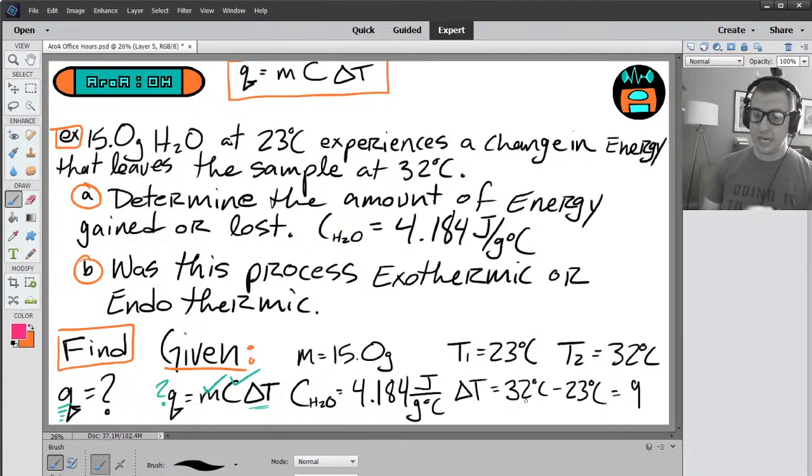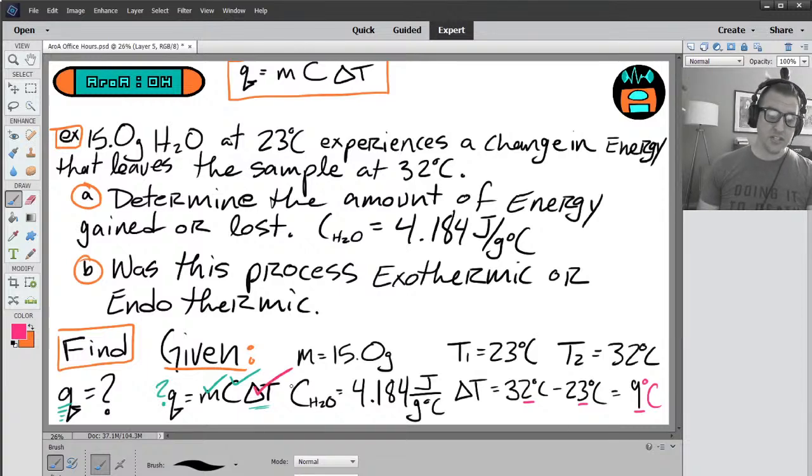When you're doing subtraction, we have to look at the precision of each number, where the last significant digit of each number occurs. For 32, the last significant digit is in the ones place. For 23, the last significant digit is in the ones place. You know, the hardest place value there is. And so our answer must have its last significant digit in the ones place, and 9 does. So our change in temperature is 9 degrees Celsius, and this number only has one significant figure.